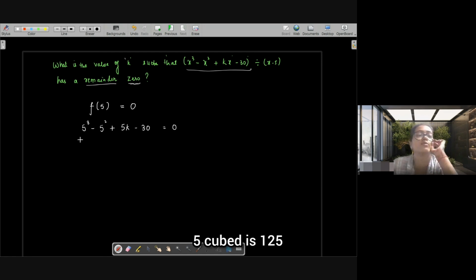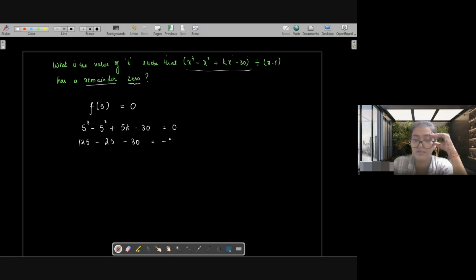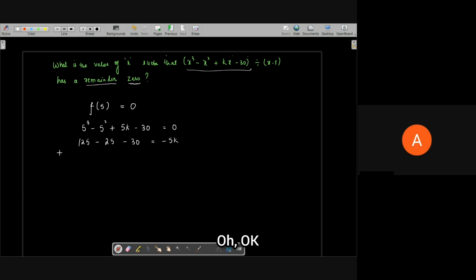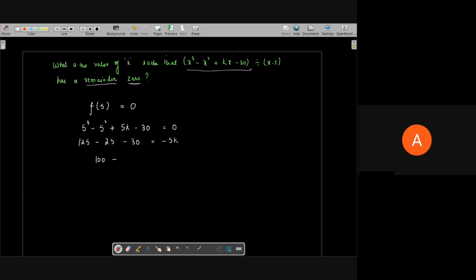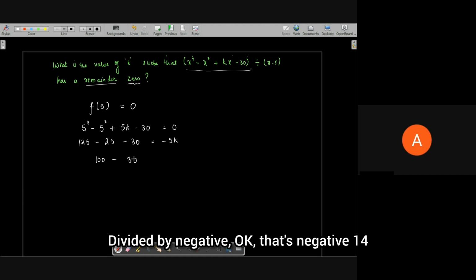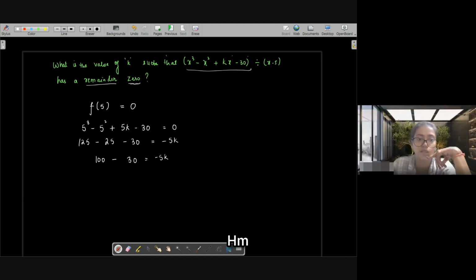5 cubed is 125, minus 5 squared is 25, and I'll write negative 30. This is equal to 0. I'm subtracting 5k from both sides. So 125 minus 25 is 100, minus 30 is 70.